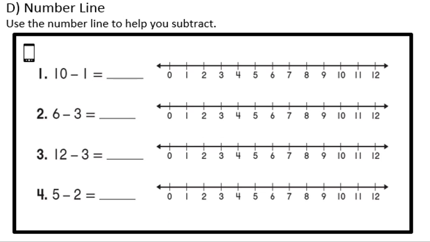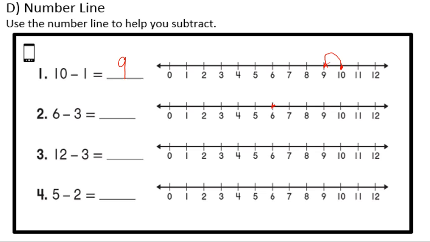Part D, number line. Use the number line to help you subtract. So my first equation here is 10 minus 1. And I start at which point? What number? 10. And I move how many times? 1. To the right or to the left? And my answer is 9. Alright, number 2. Where do I start? 6.